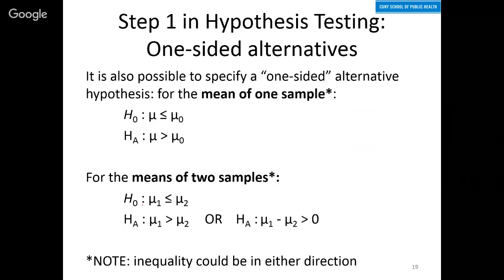It includes the equals still, so mu less than or equal to mu 0, or it could be greater than or equal to, and the alternative is the other. With two samples, the same thing. It's an inequality with the equality under the null, and the opposite for the alternative.